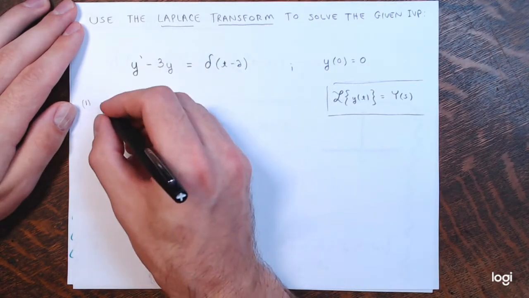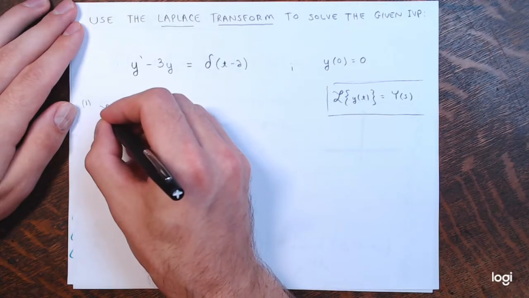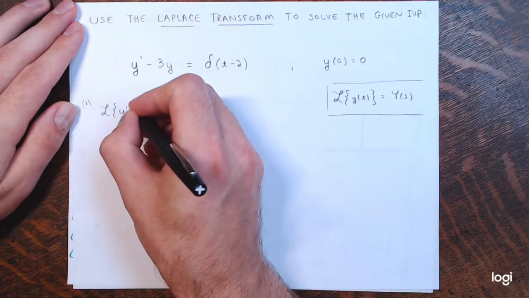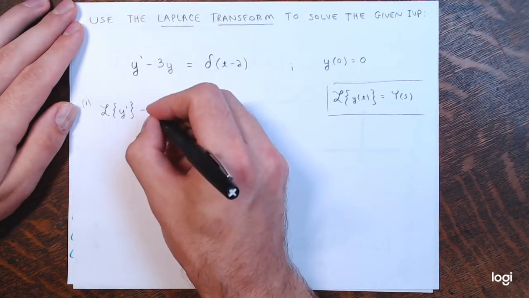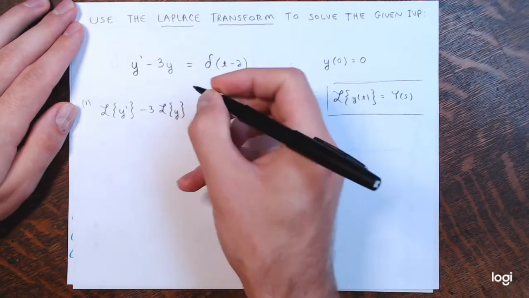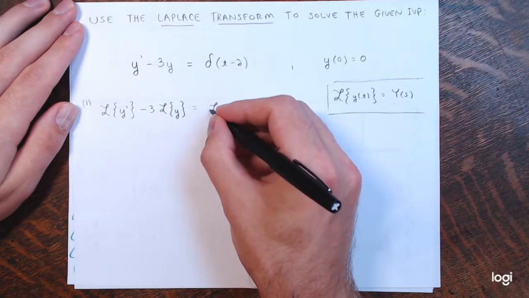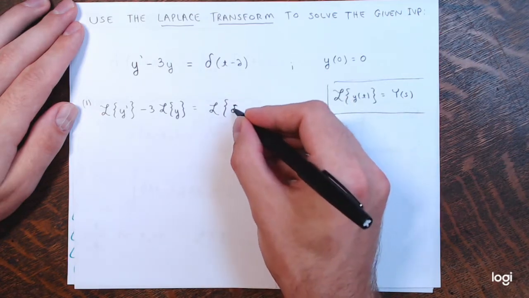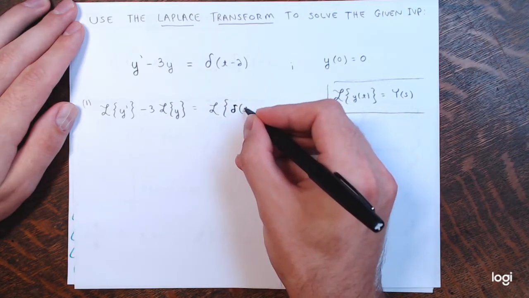Alright, so here, take the Laplace transform of both sides, and I'm using the linearity, so we have the Laplace transform of y prime minus 3 times the Laplace transform of y equals the Laplace transform of the Dirac delta function at t minus 2.